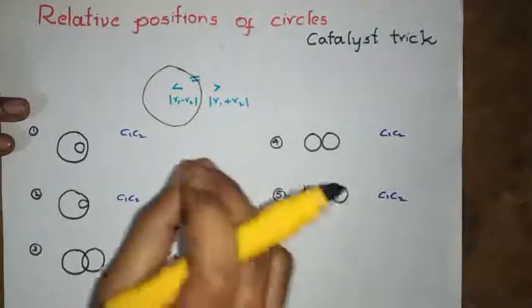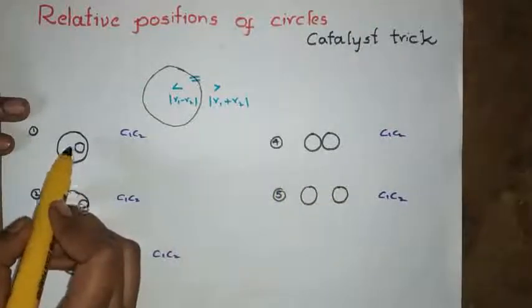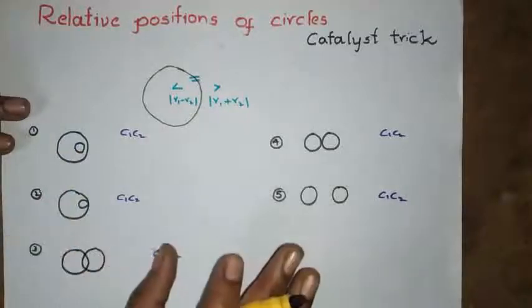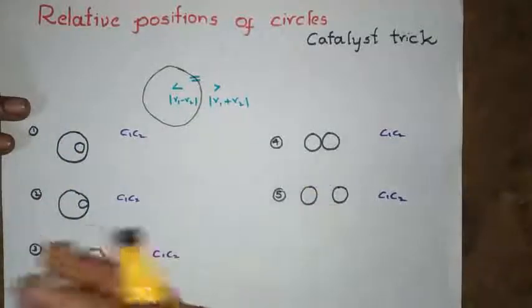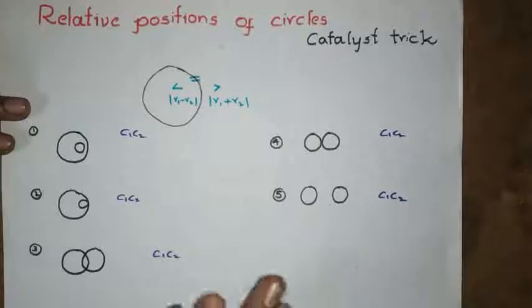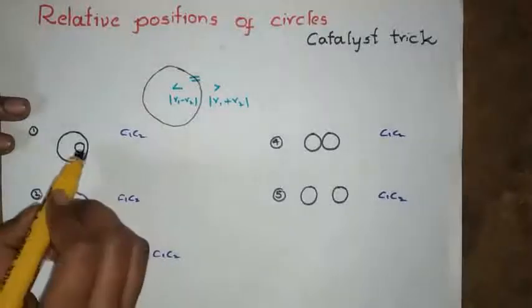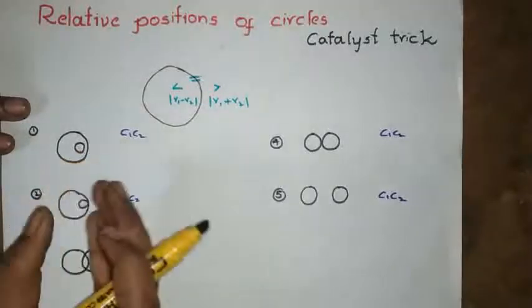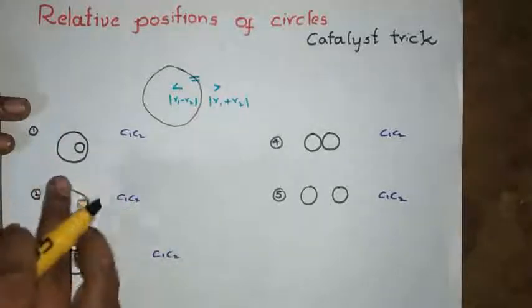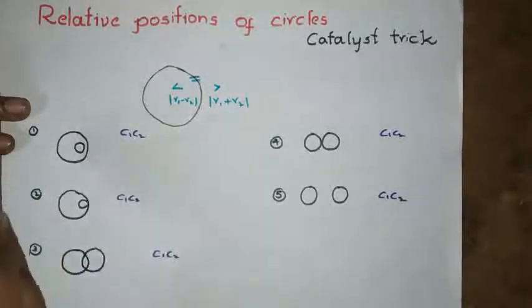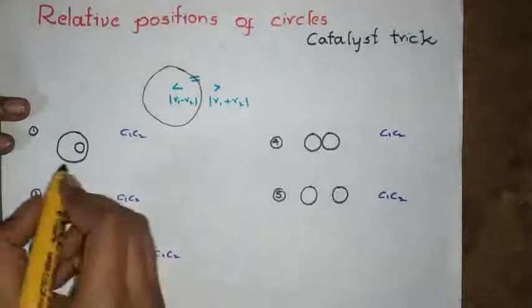If a circle lies in another circle, then you have to take R1 minus R2. If it is outside, then it is R1 plus R2. See here, the second circle lies in the first circle. It means the interior part. So R1 minus R2.